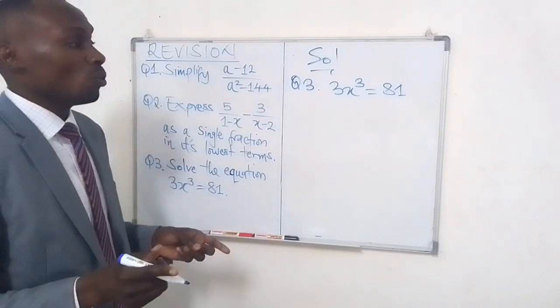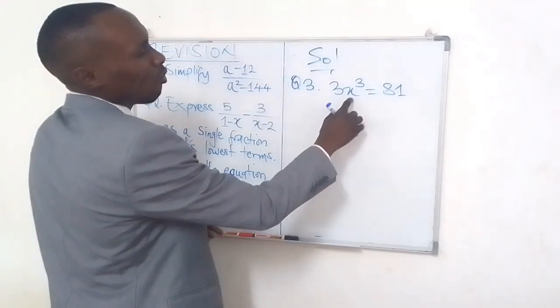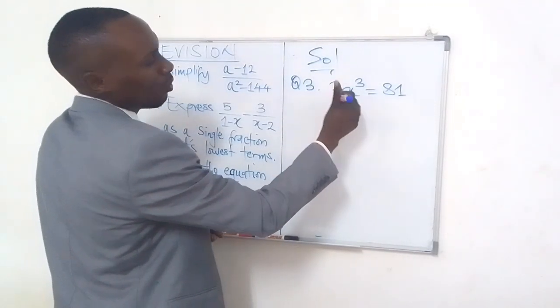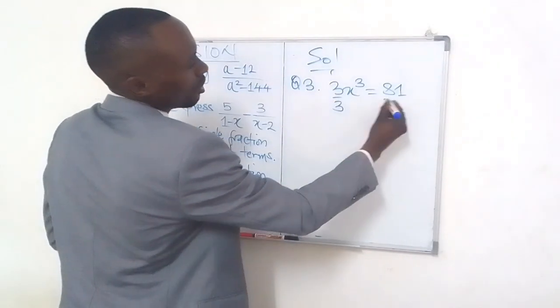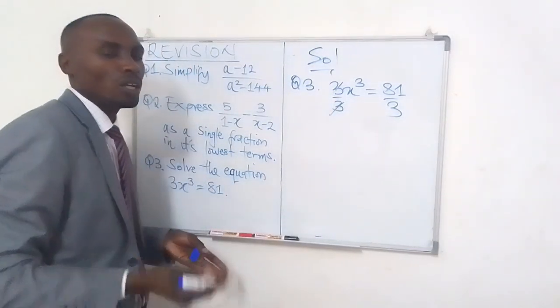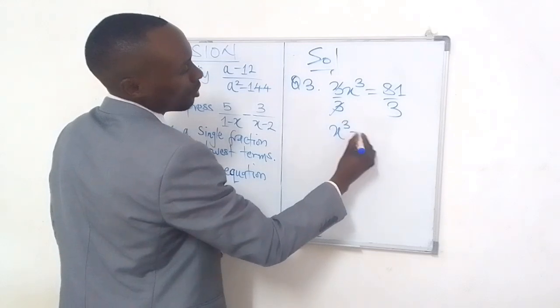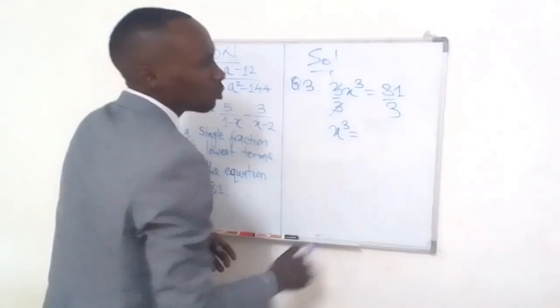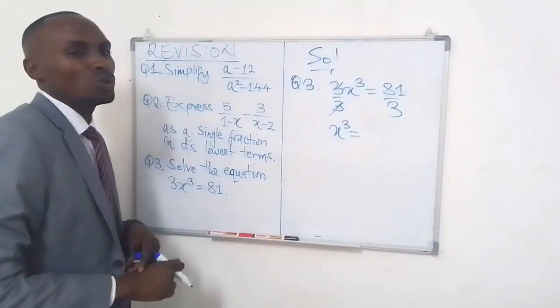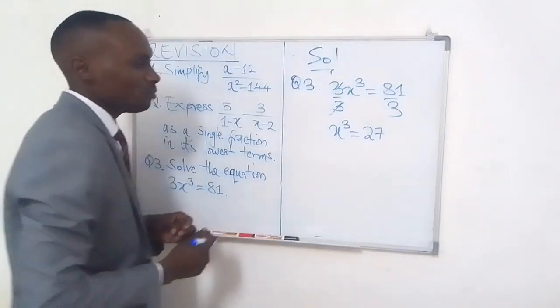So first of all, we are going to divide by 3, since the coefficient of x to the power 3 here is 3. So dividing by 3 on both sides, 3 into 3 simplifies to 1. 1 times x to the power 3 just gives x to the power 3 equal to 3 into 81. 3 into 81 gives us 27.